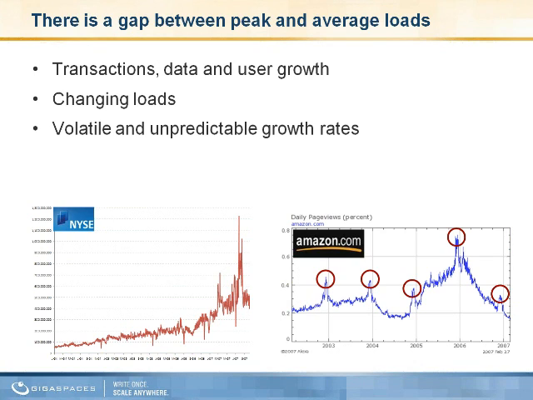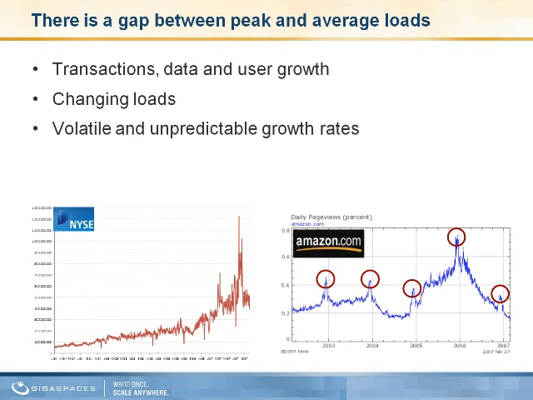So the main challenge, or the economic opportunity that we're trying to address with our cloud solution, is the fact that there's a very big gap between organizations' peak and average loads. Here you can see a couple of examples. And these gaps could be because of constant transaction, data, and user growth.